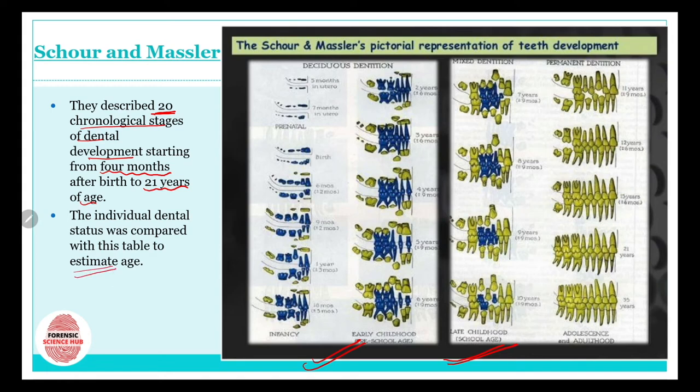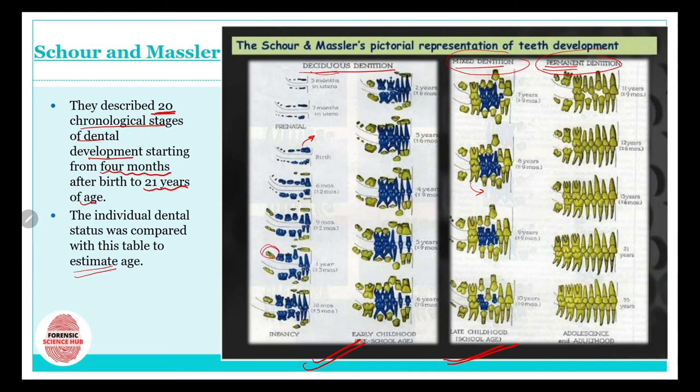In this picture, the blue colored part shows the deciduous dentition, the primary teeth, whereas the yellowish part shows the permanent teeth. First we have deciduous teeth, then mixed dentition, which is a mix of deciduous and permanent teeth, and finally permanent teeth. In different stages, some of the teeth are erupting and some are still inside the jaw.